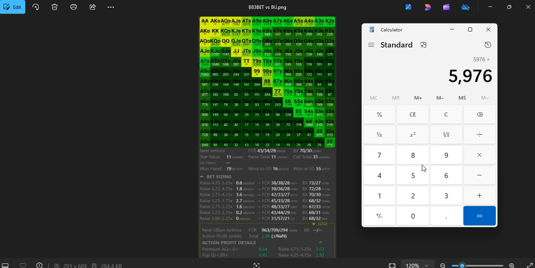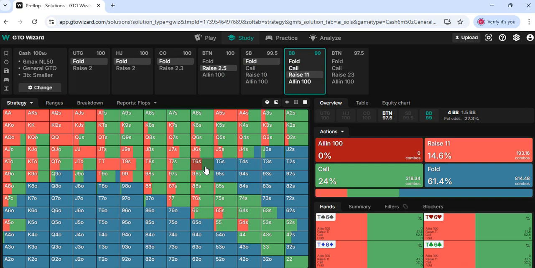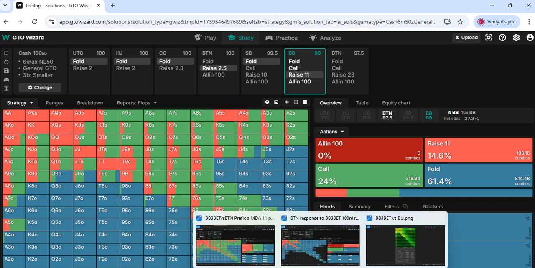It could be that 10-6 suited was not as evenly distributed as Ace 10 suited, but this is a rough estimate. So I'm going to look at this number, 5,976, and divide it by 245. And we see that Ace 10 suited in reality is 3-bet more than 24 times that of 10-6 suited. But in theory, 10-6 suited is supposed to be 3-bet more often.